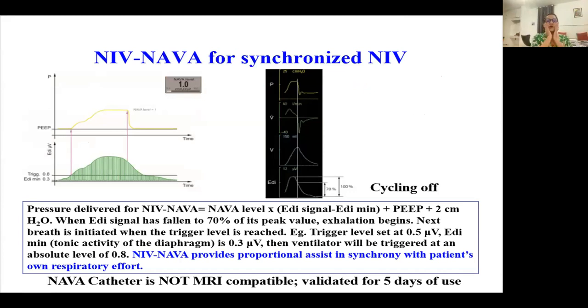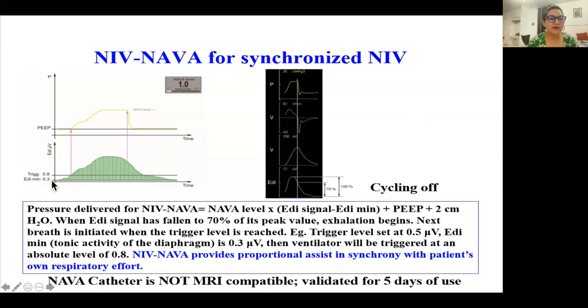Now, how do you use NIV-NAVA for synchronized non-invasive ventilation? You want to set a trigger, and usually you will set a trigger level of 0.5 EDI, which means that the ventilator would respond when the baby is generating more than what you have put, 0.5, plus 0.3, because 0.3 is the minimum tonic activity of the diaphragm.